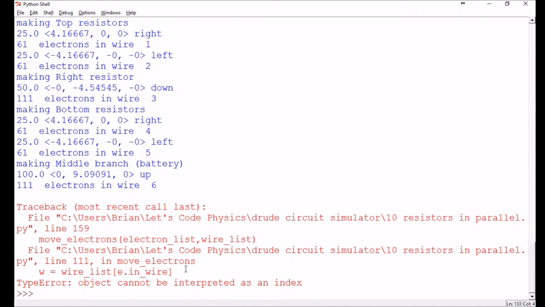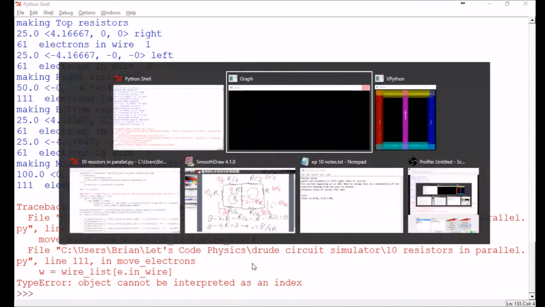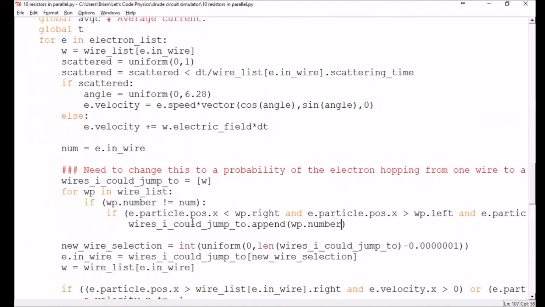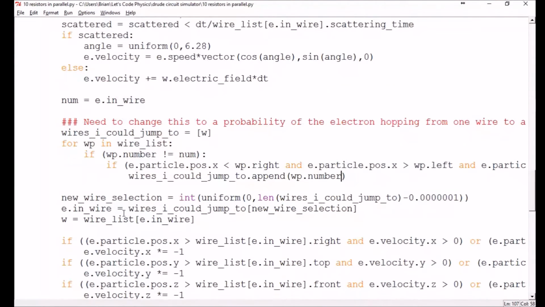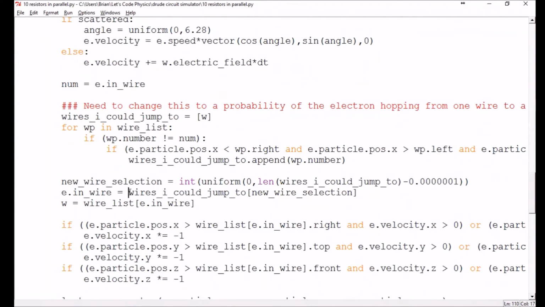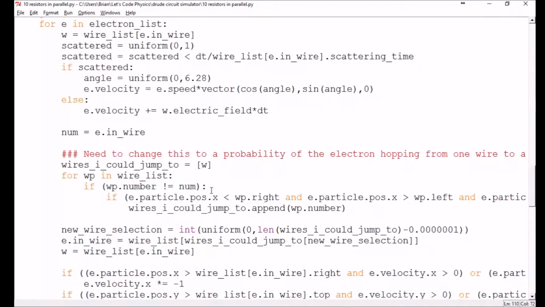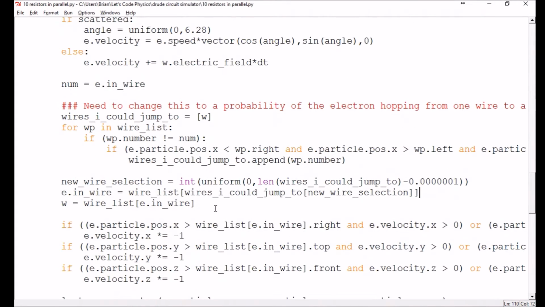Object cannot be interpreted as an index. Oh, right. E.nwire is that. All right, I need one last thing. I need wire list of this. Okay, cool. So we've got wire list. Okay, E.nwire is the number. Right. Okay. There we go.